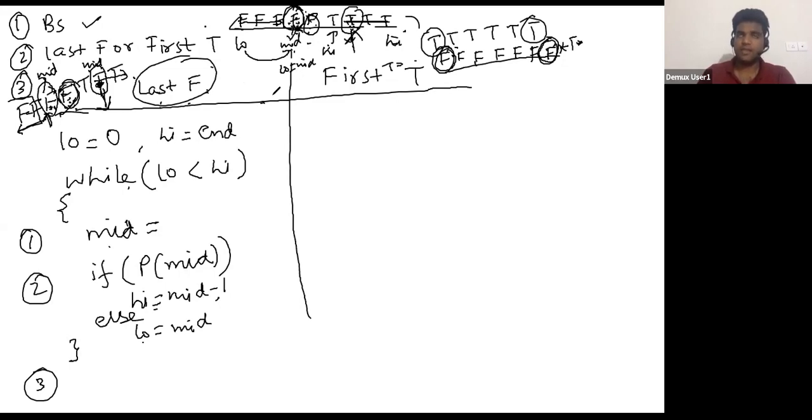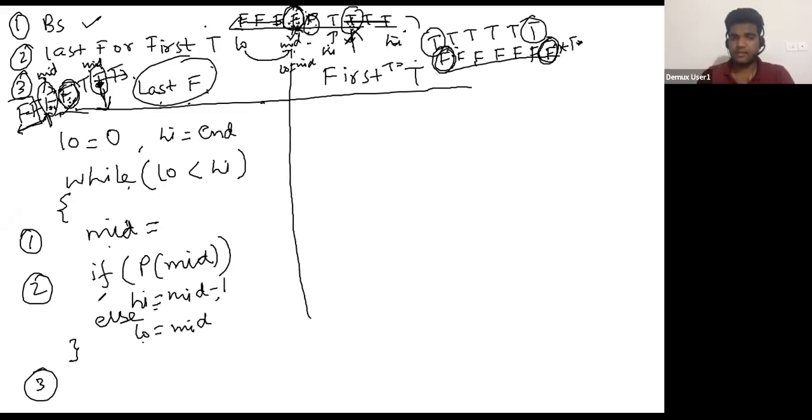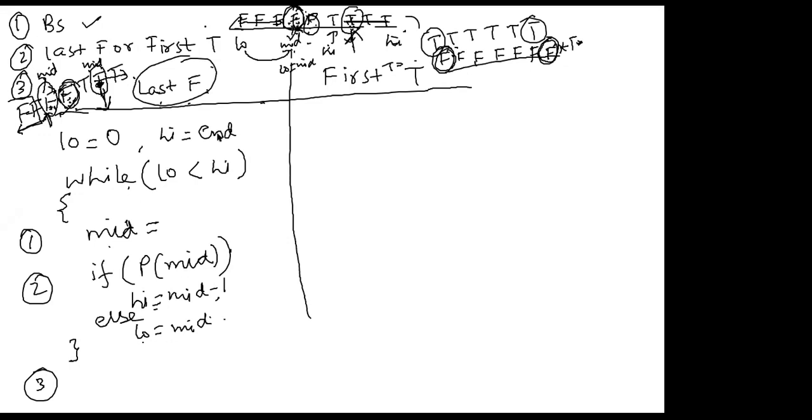We can only say that no matter what input you give, if I have this F star T star, I can give you the last F or the first T in log n time. That's it. Okay, sir. So you should evaluate an algorithm accordingly. That is, is this giving me the last F or the first T in log n time? You should not say that, okay, if I get the last F in the first go itself, why am I doing log n steps? Yeah.